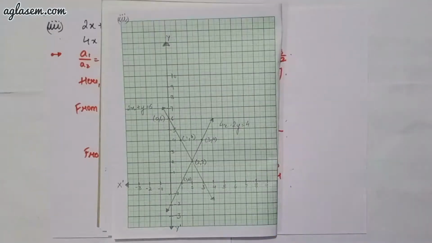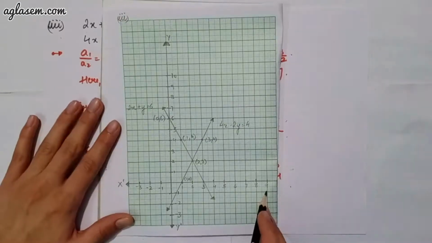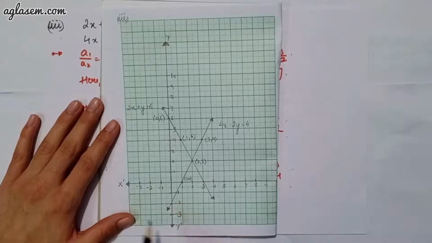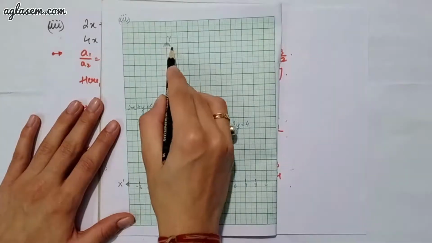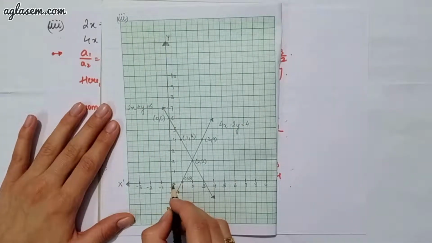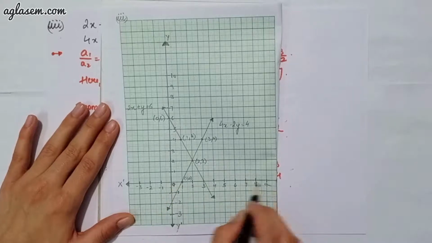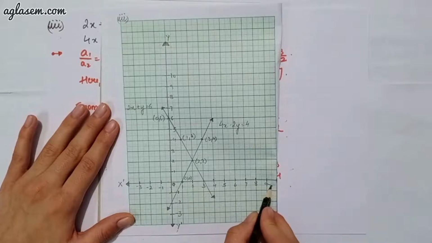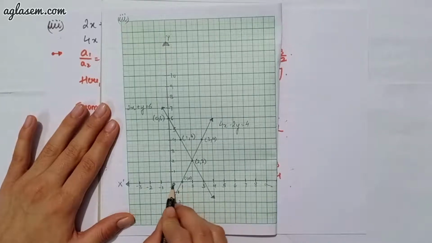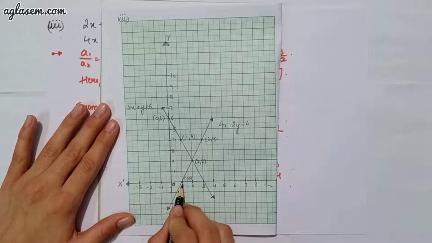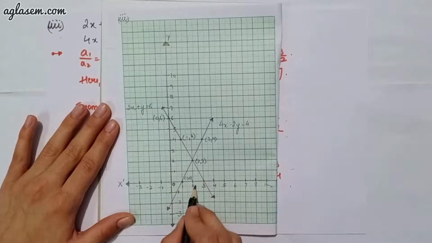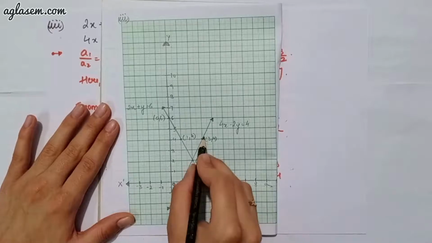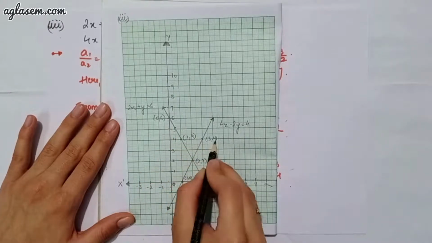So here is a graph in front of you guys. I hope it is clear and visible to you. There are the x-axis, x dash axis, y dash axis and y-axis, and here is the point of origin. On the x-axis we have taken 1 and on the y-axis we have taken 0. On the x-axis we have taken 2 and on the y-axis we have taken 2. On the x-axis we have taken 3 and on the y-axis we have taken 4.